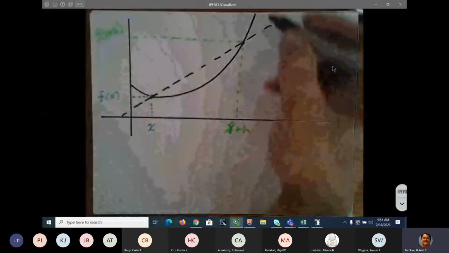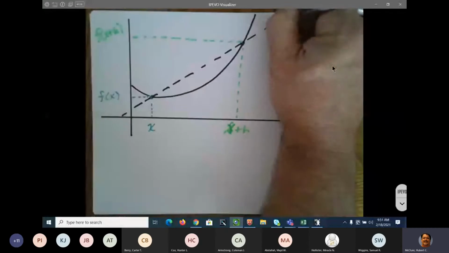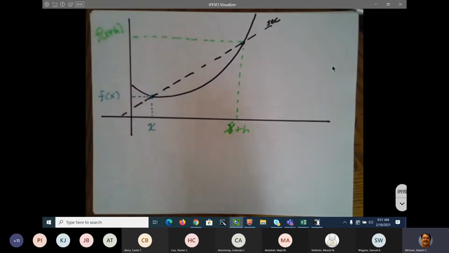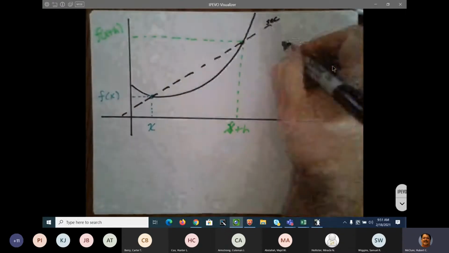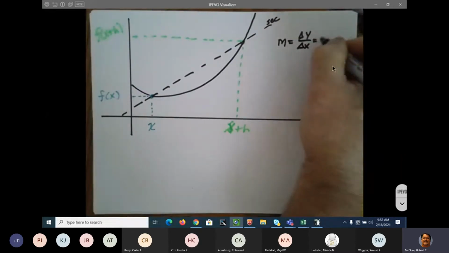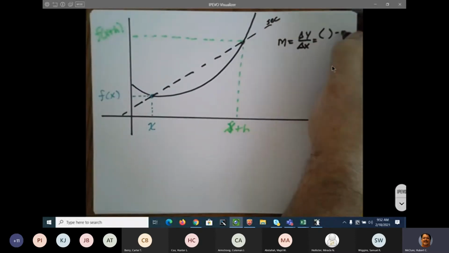Okay? This is called the secant line. Now, the secant line is what you find with algebra. All right? Algebra is what you do. M is equal to delta y over delta x, which is y sub 2 minus y sub 1 over x sub 2 minus x sub 1.